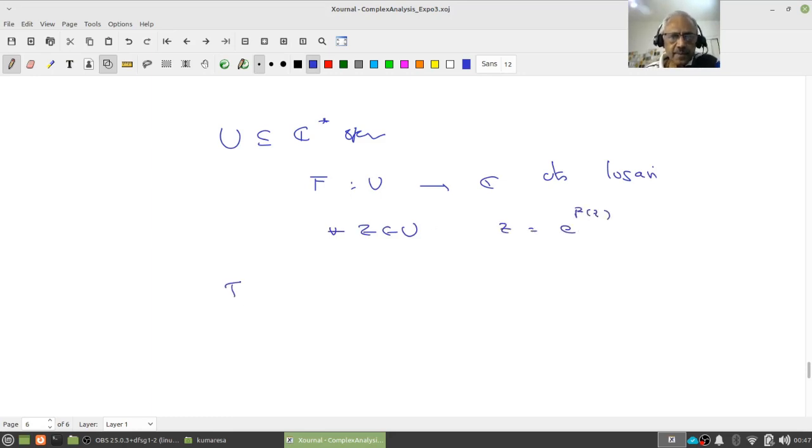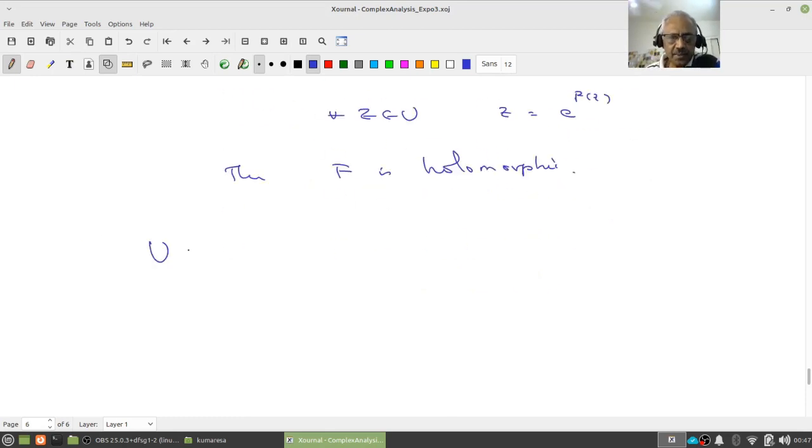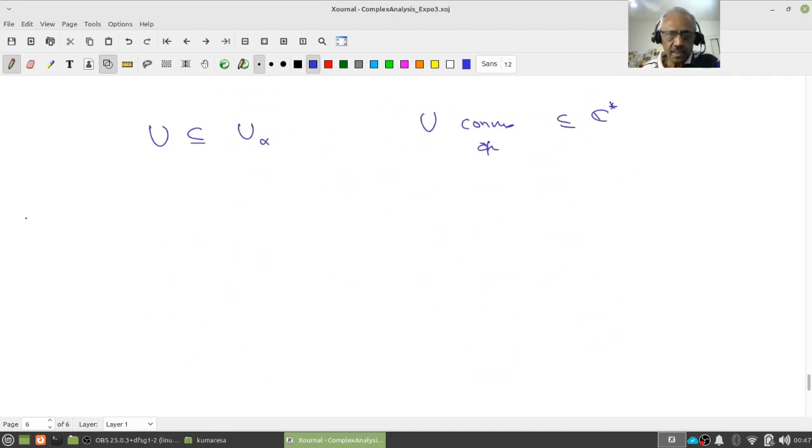Then f is holomorphic. In particular, I can choose U to be an open set in U alpha, or a convex open set in C star, and I can find a continuous logarithm. But the interesting result is that such a continuous logarithm is in fact holomorphic.